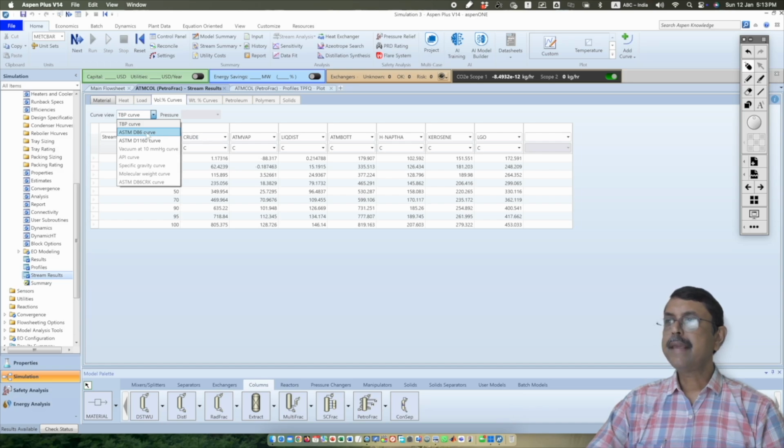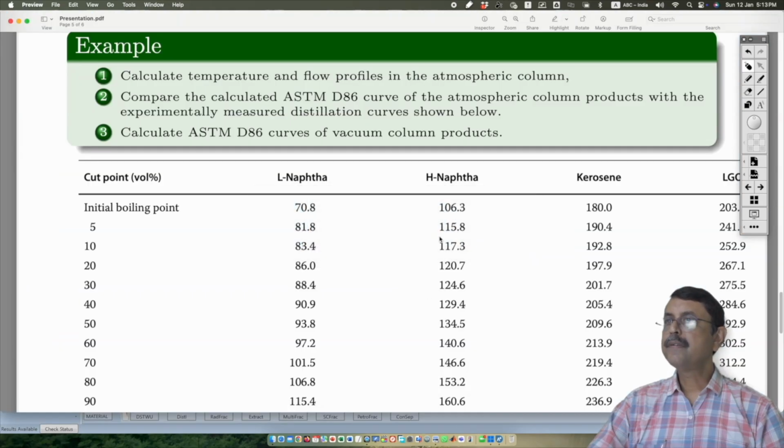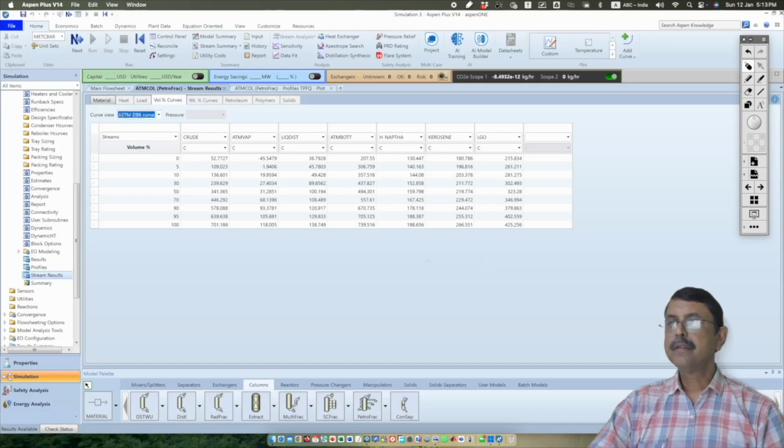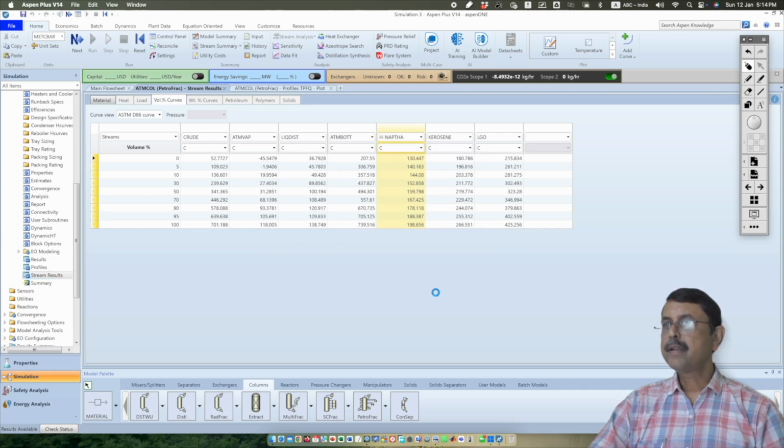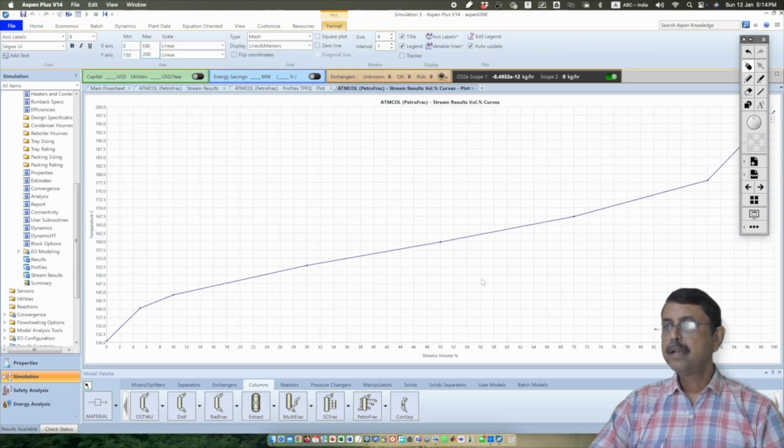Our interest is ASTM D86 curve. So we fix it over here. ASTM D86 curve. Now let us compare it with, say, H naphtha. Now H naphtha, we use custom stream volume percent and H naphtha. Put OK.